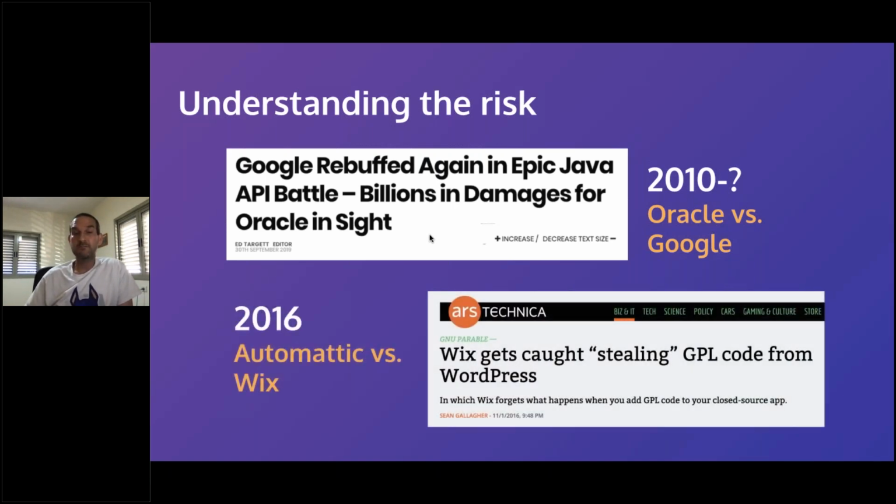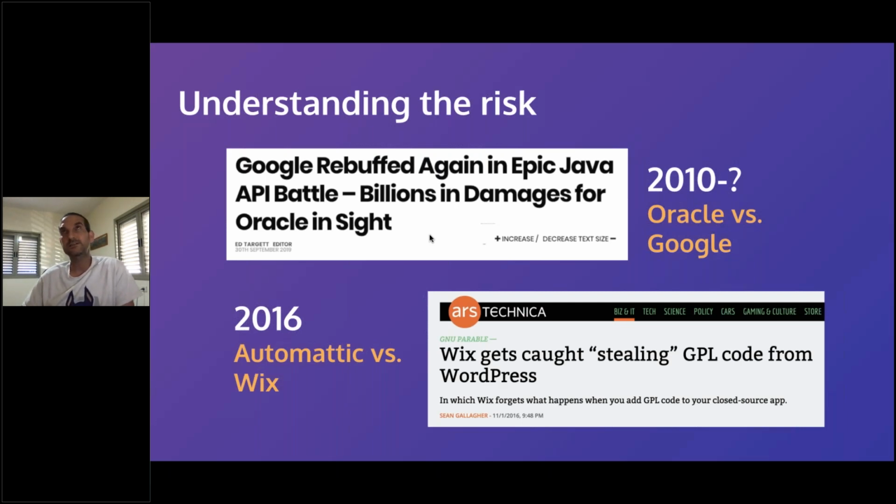Another famous example, if less expensive, so to speak, is the one of Automattic against Wix. Automattic, to those of you who don't know, is the commercial entity behind WordPress, the PHP-based open source CMS, powering over half of the websites in the world today.